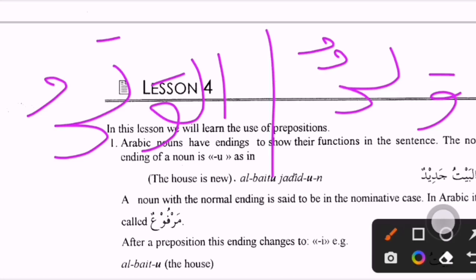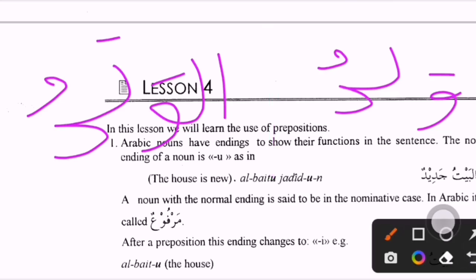When you have a preposition before this noun, then it won't take raf'u again. If the noun was taking a dhamma, the dhamma will be changed to kasra. If it was taking dhammatan, it will change to kasratan.